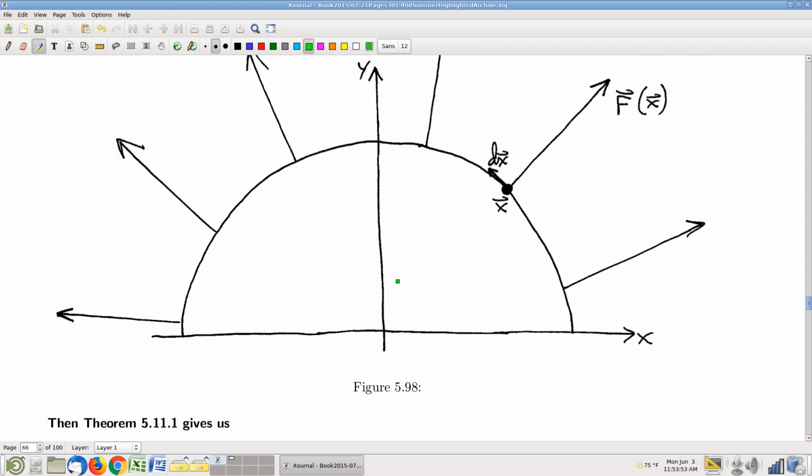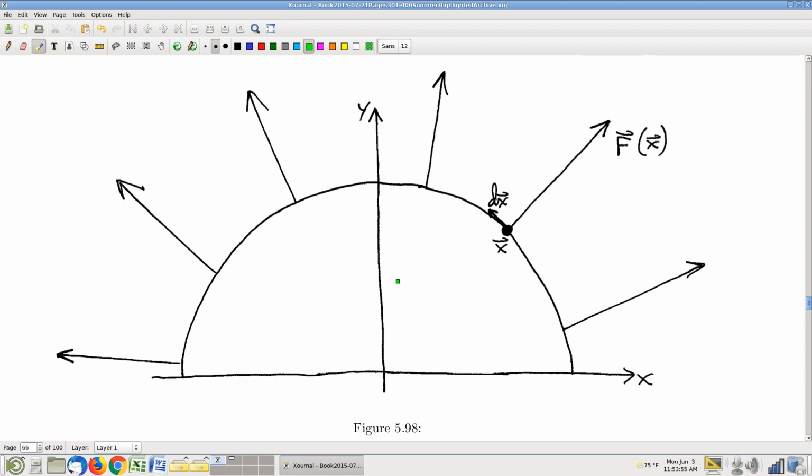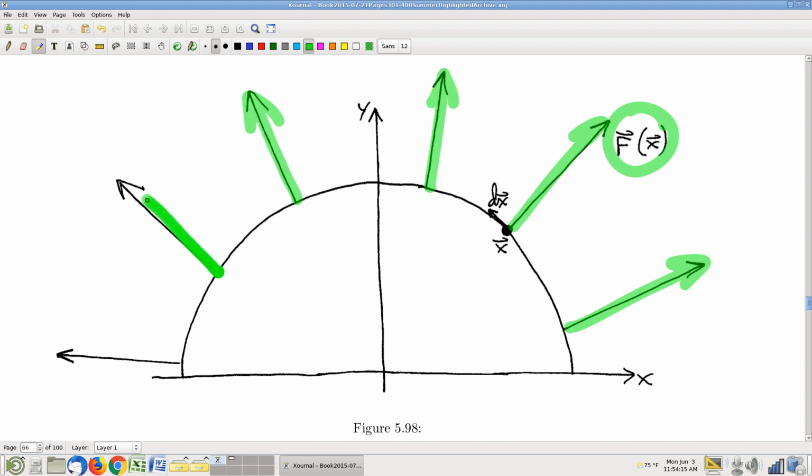Physical plausibility. This is a picture. It looks like a picture of a sunrise or a sunset, depending on your mood, I guess. If you're an early riser, this is a sunrise. This is a picture of what the forces look like along your process of moving along this path.